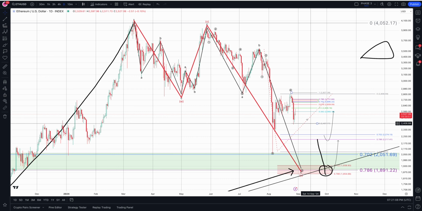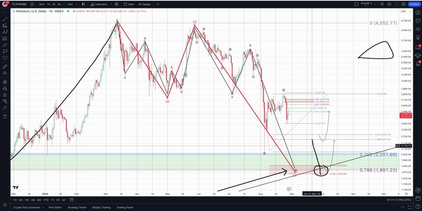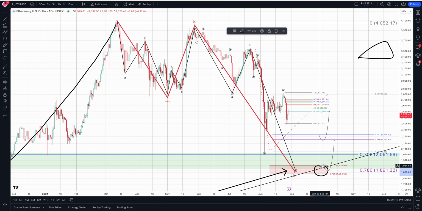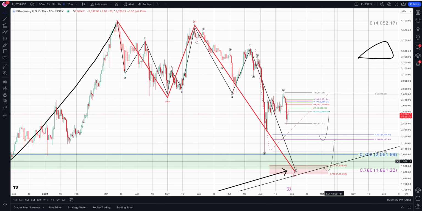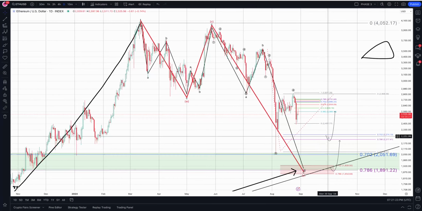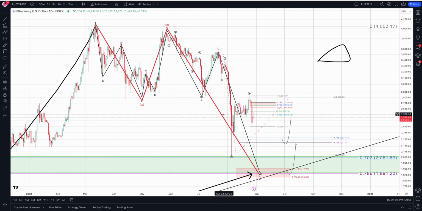Wouldn't surprise me if we go ahead and finish up this fifth wave either towards 2274 to 2217, or we have a little bit of a deeper correction down towards the 78.6% fib at 1891.